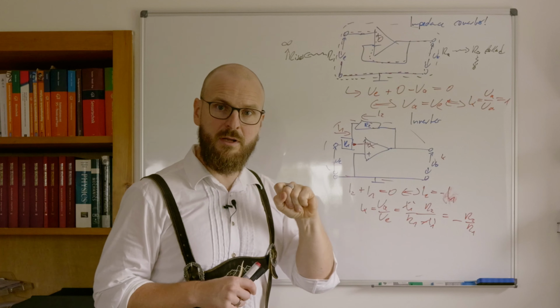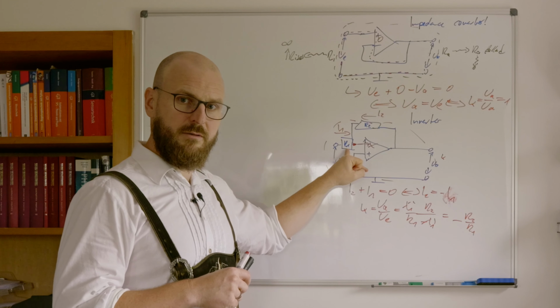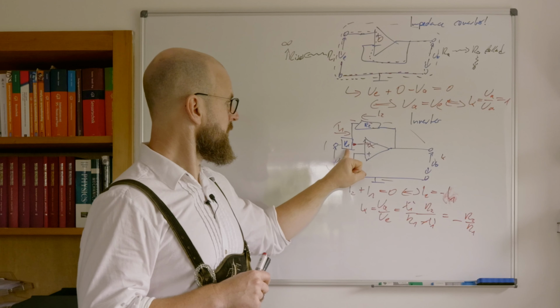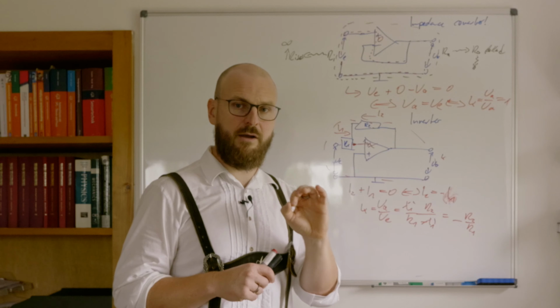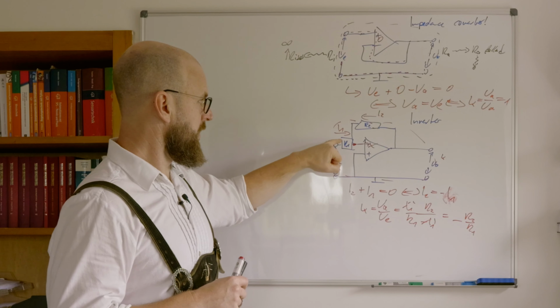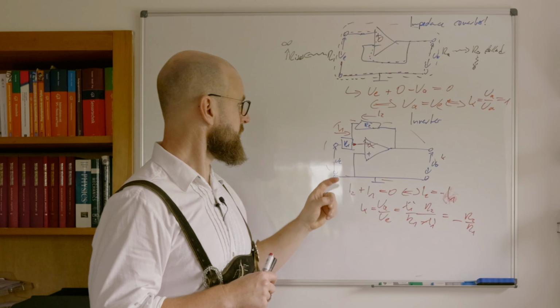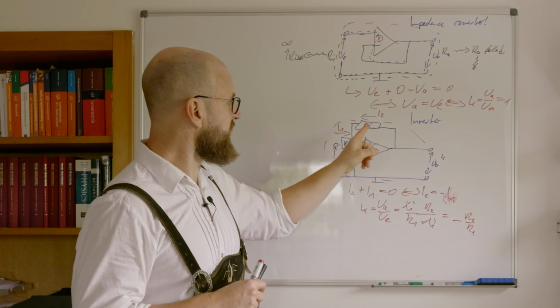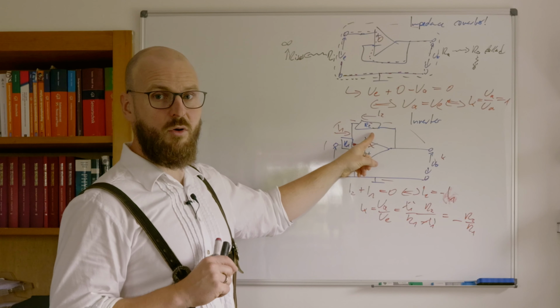So now let's assume we define the current I1 by choosing R1. By that we can define a current. Applying UE, choosing R1, we can define a current I1. That's Ohm's law. Now that current has to flow along over R2, no matter how large R2 is.